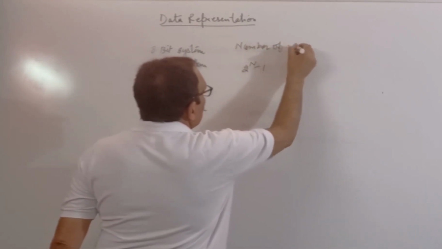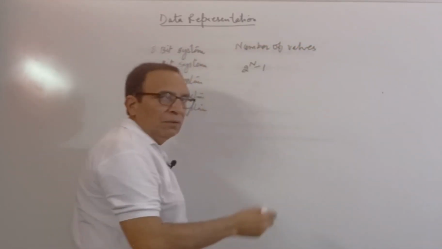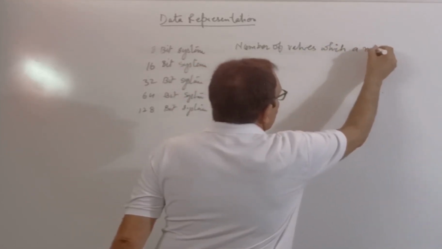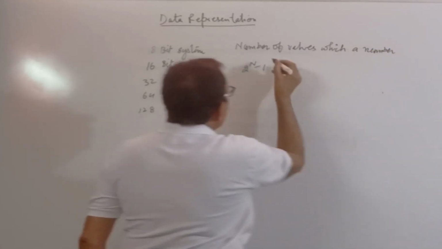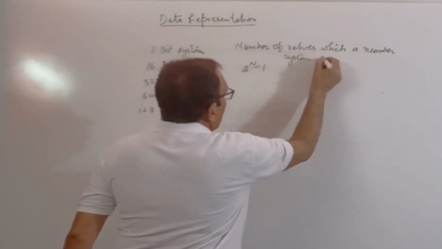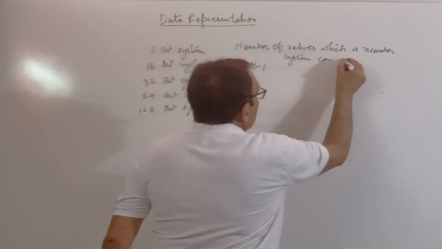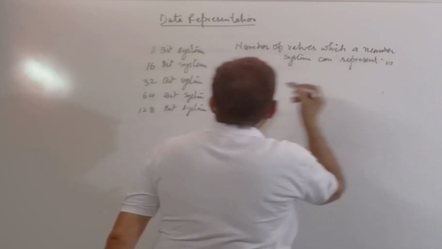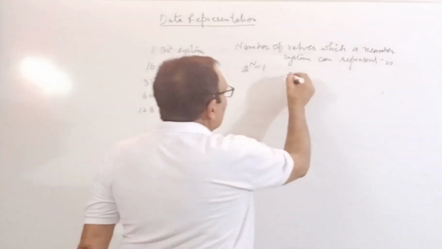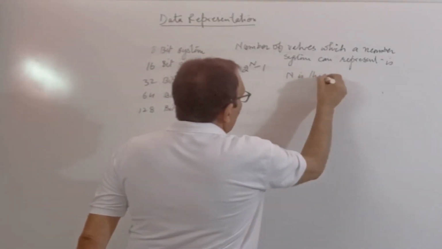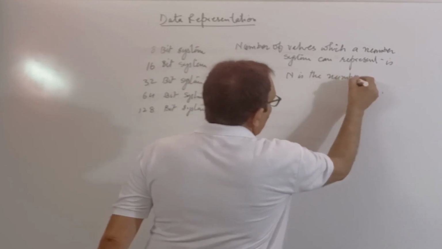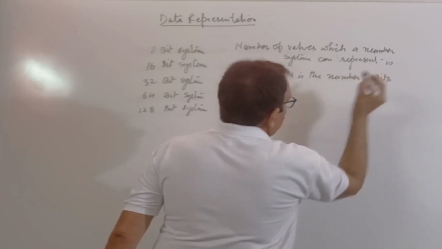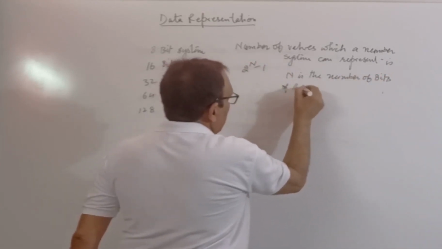Number of values which a number system can represent is 2 raised to the power n minus 1, when n is the number of bits of the number system.